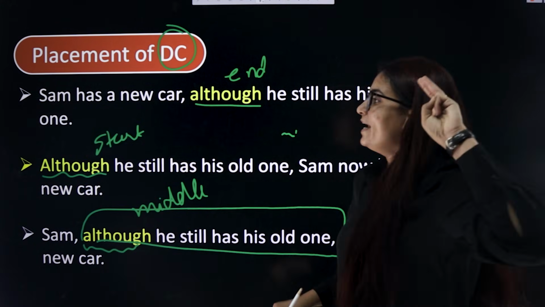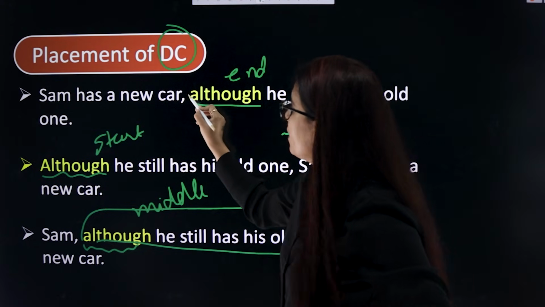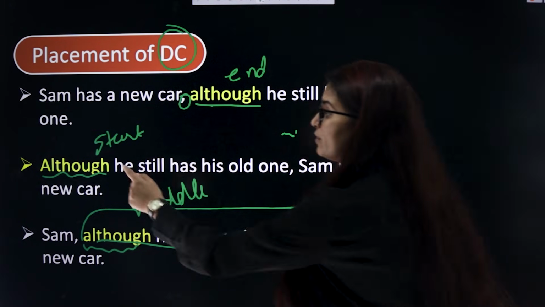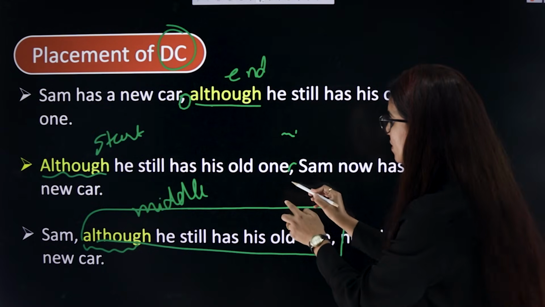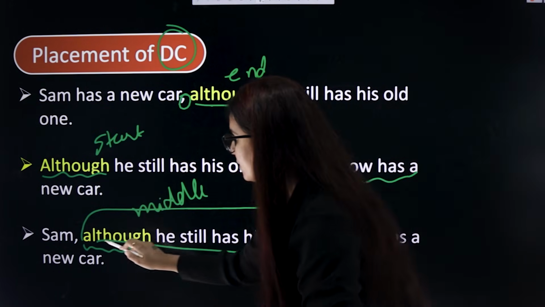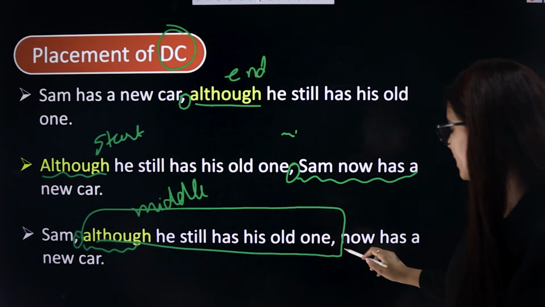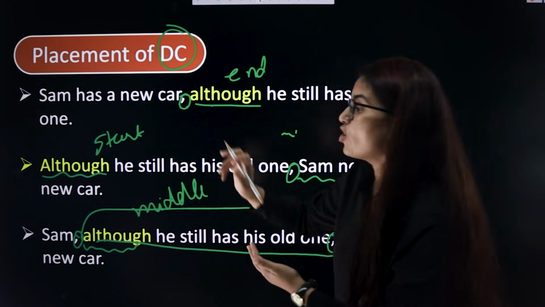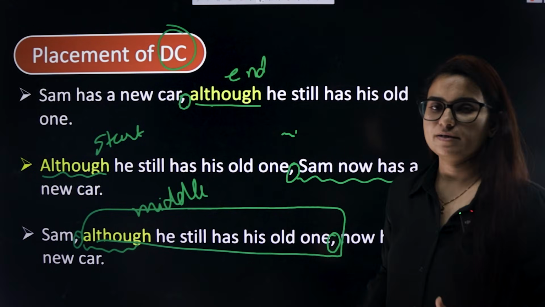Three places. If you're writing in the second part, you have to put a comma before the conjunction. If you're writing in the first, you have to put a comma when you start the second clause. If you're writing in the middle, you have to put a comma before and you have to put a comma after. If you don't write these commas, you're making a mistake.